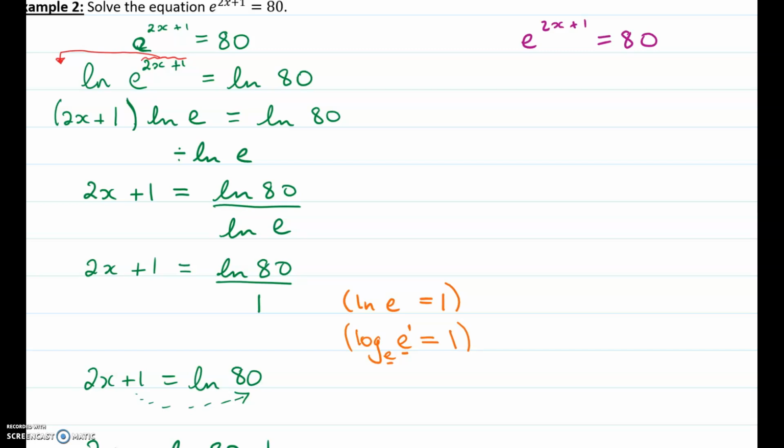So you can take all of this intermediate step out, and you can say, okay, if it's an e, and we use natural logs, then if we take the natural log of e to the power of 2x plus 1 equals the natural log of 80, log and e will sort of cancel one another out, and you're left with 2x plus 1 equals the natural log of 80.